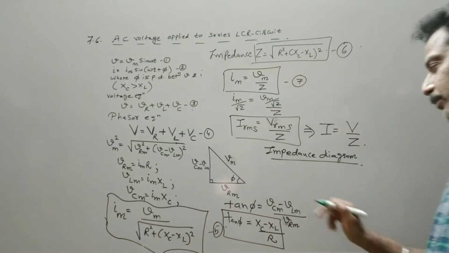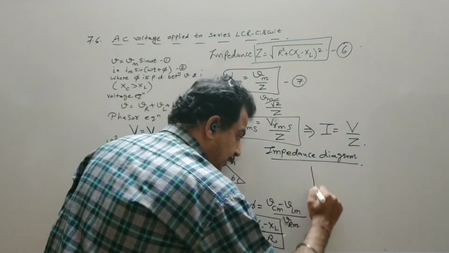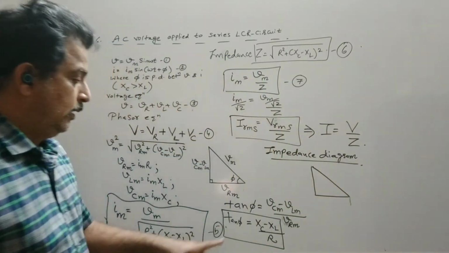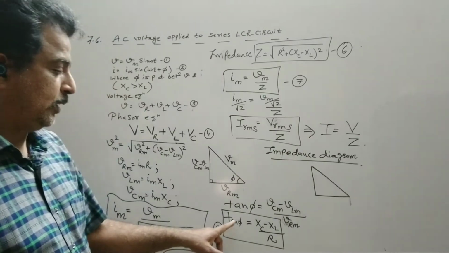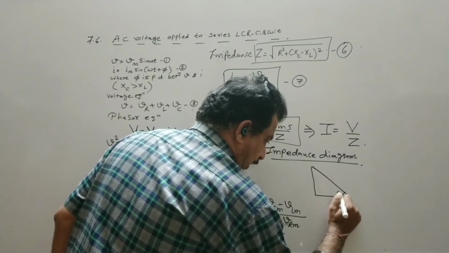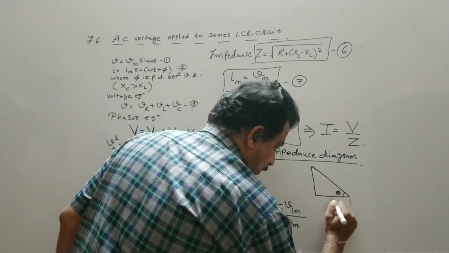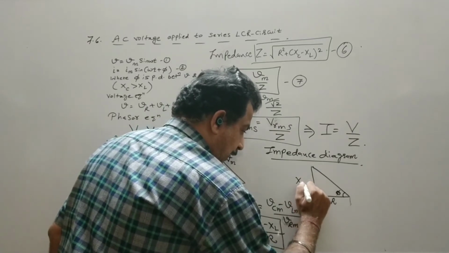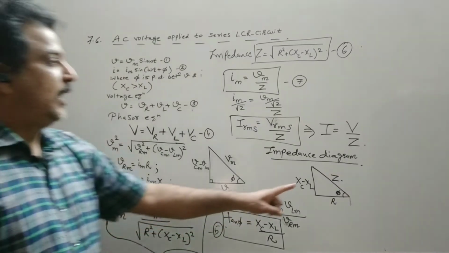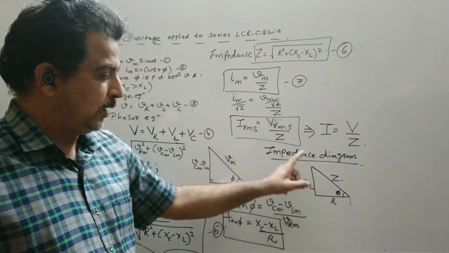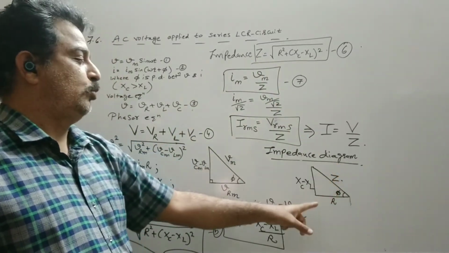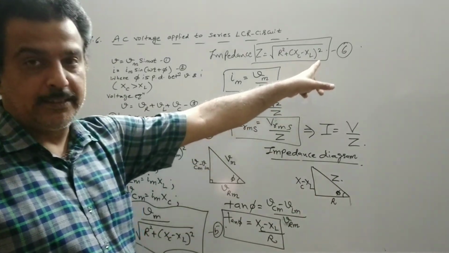Now the impedance diagram can be drawn from this diagram only. So here we draw a diagram for the impedance, where tan phi is equal to (XC minus XL) upon R. I can take this as phi, this can be written as R, this as XC minus XL, and this is your Z. Again, if I apply the Pythagoras theorem to this impedance diagram, I come to this equation, that is, hypotenuse square is equal to R square plus (XC minus XL) whole square.